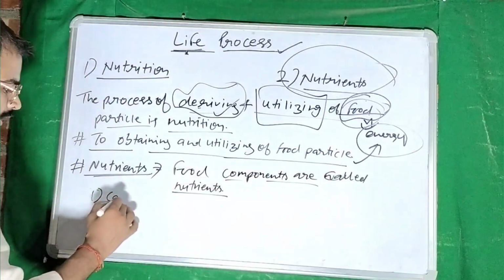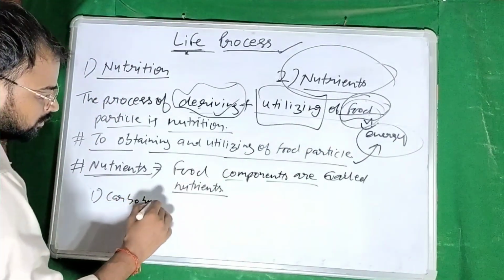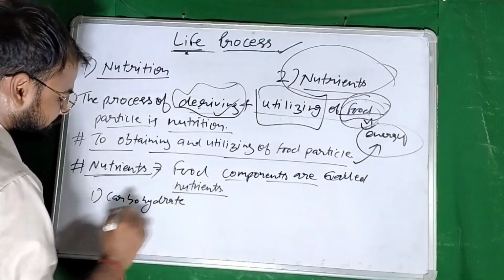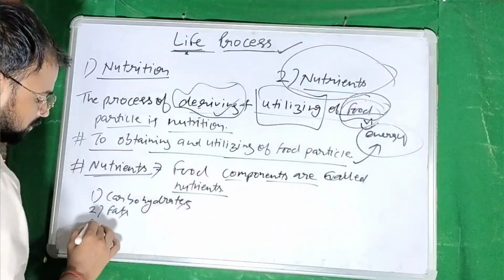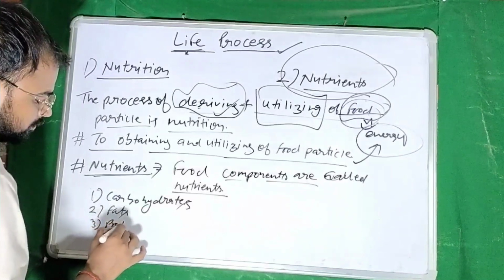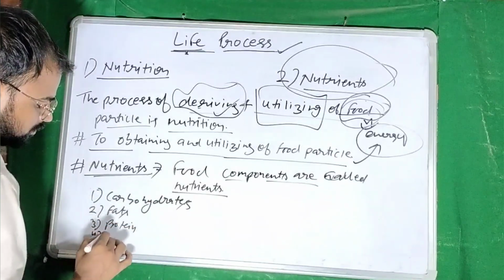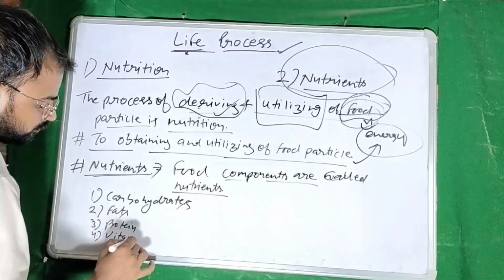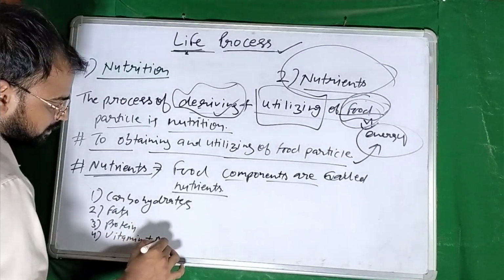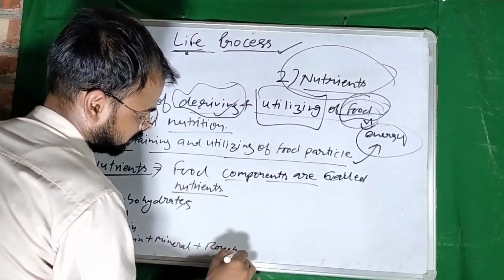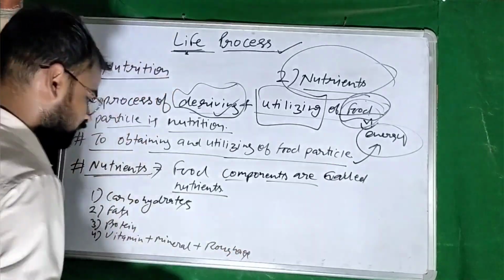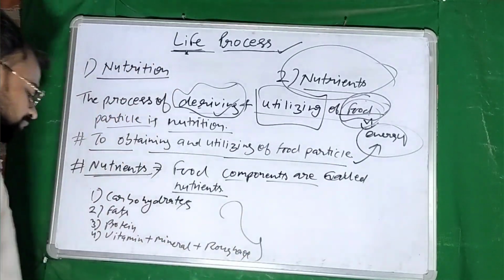There are different types of nutrients. Number one is carbohydrate, fat, protein, vitamin, mineral, and roughage.